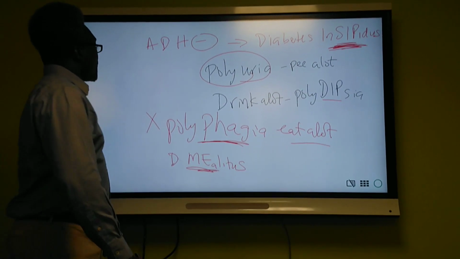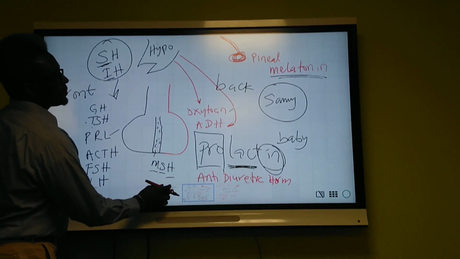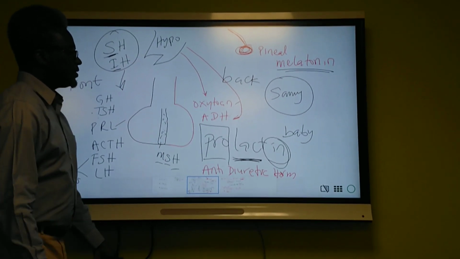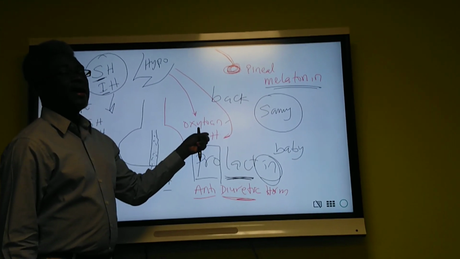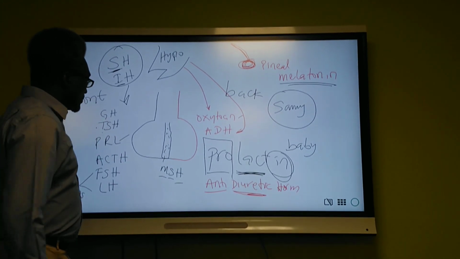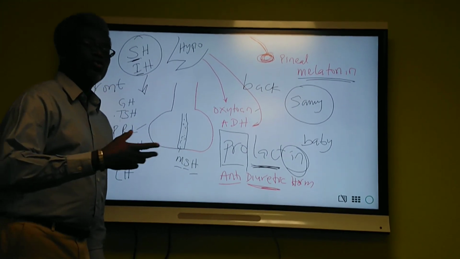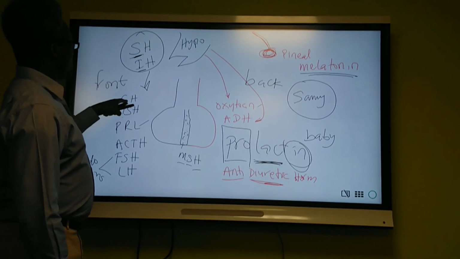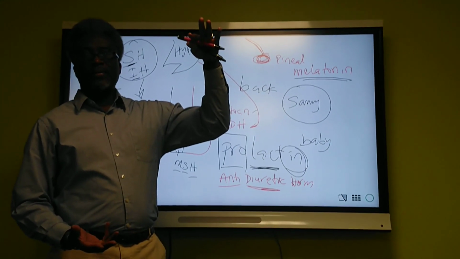Alright? Alright, so let's go back to what's happening with Sammy. So she pees, her mom changes her diaper, she doesn't pee too much because of antidiuretic hormone. Now, Sammy is eating, so she has to grow. Growth hormone regulates her growth.